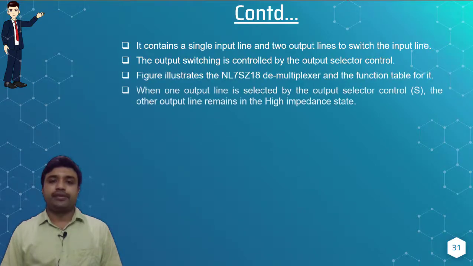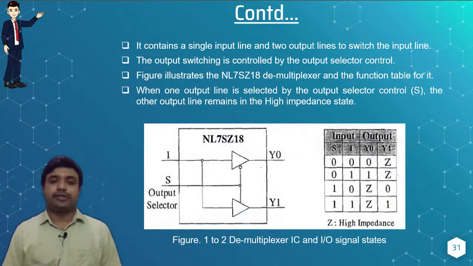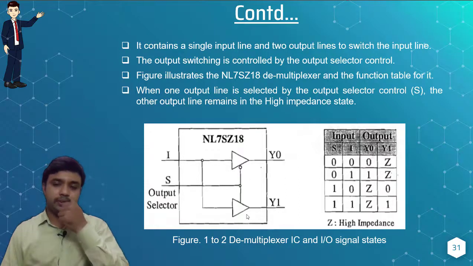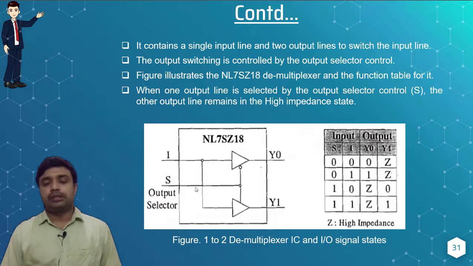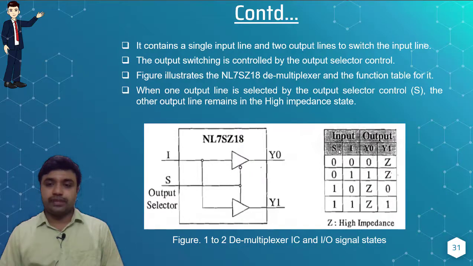So let's see the figure. This is the representation of your demultiplexer IC. Here you can observe that it has only a single input, and the corresponding output appears based on the select condition. This is the functional table for the demultiplexer. For the select cases and input combinations 00, 01, 10, 11, you are going to have valid output combinations.